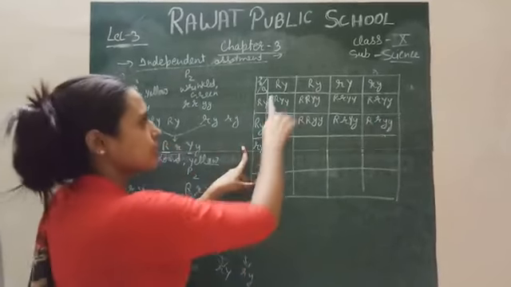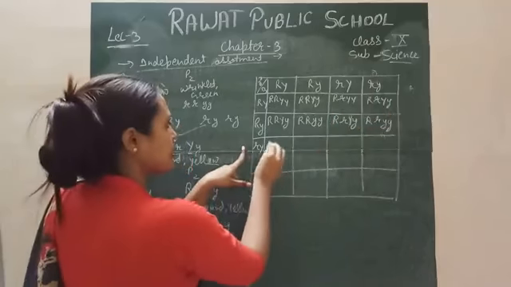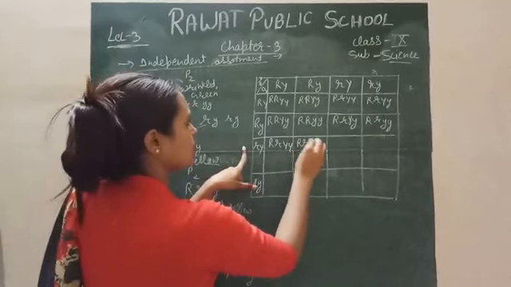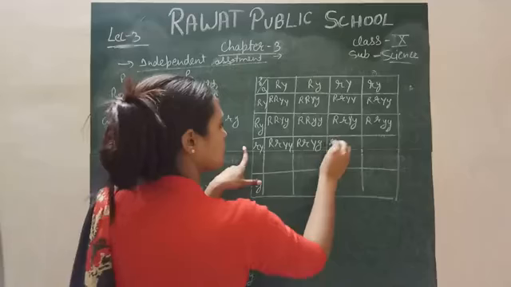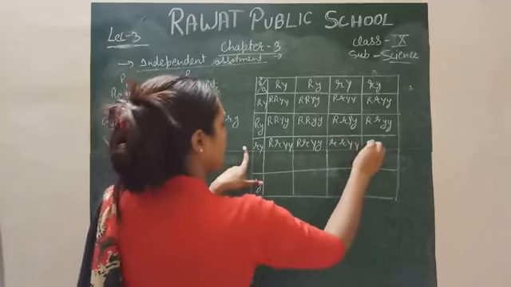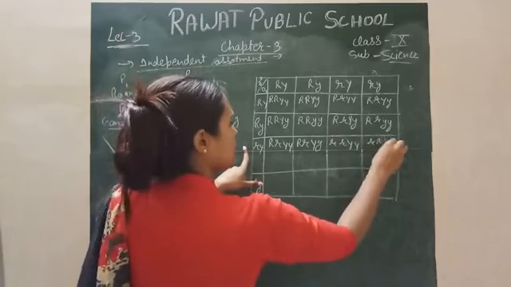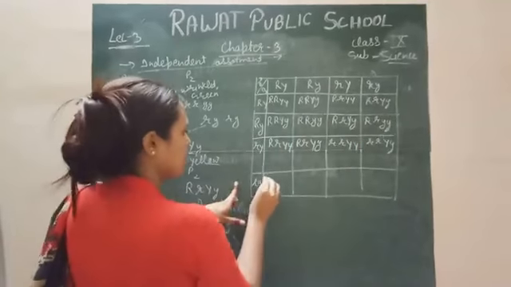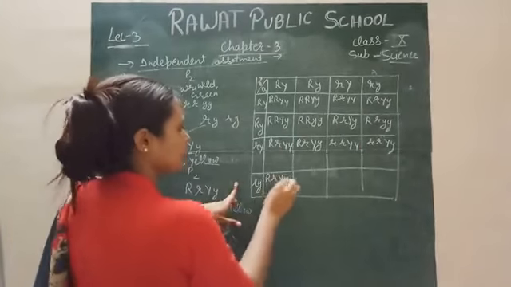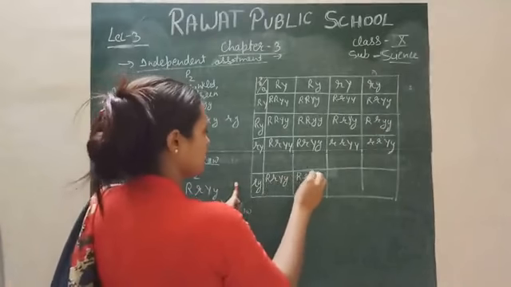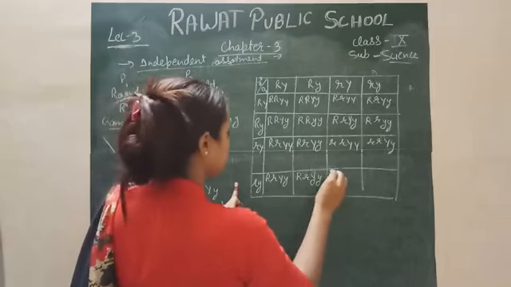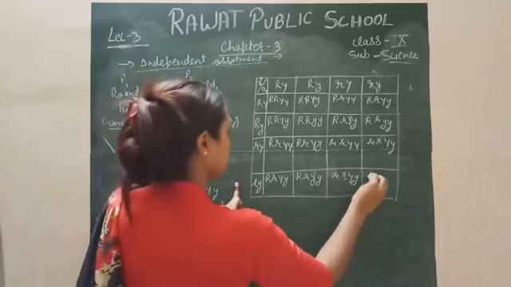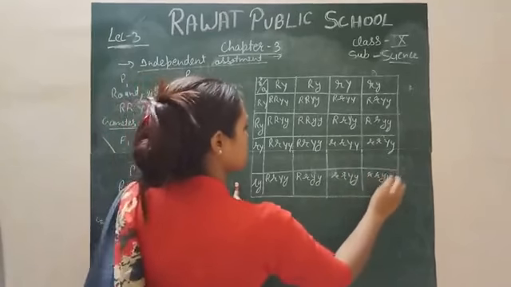Again this gamete is crossed with the gametes of the other parent, capital Y. Done. This is our last gamete of the first parent, and again with the other parent. The condition will be here in front of you: R, Y and small r, small y, small y.